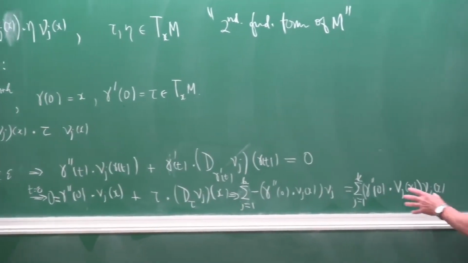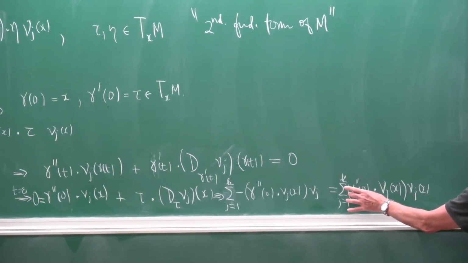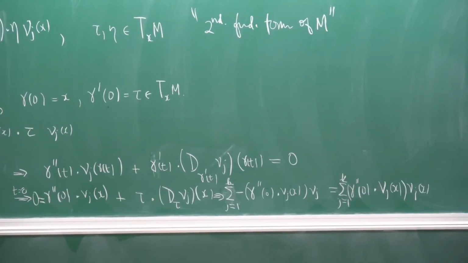And see this is exactly, remember nu_1 up to nu_k is an orthonormal basis for the normal space at x. So this sum here is exactly the expression for the orthogonal projection of this vector onto the normal space. So this is exactly the orthogonal projection of the second derivative onto the normal space.